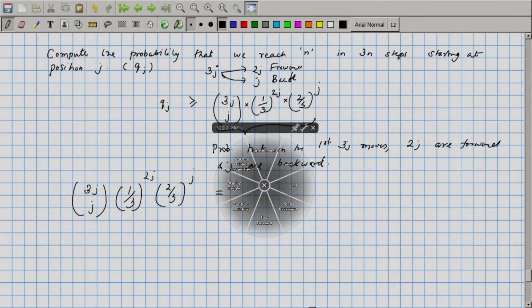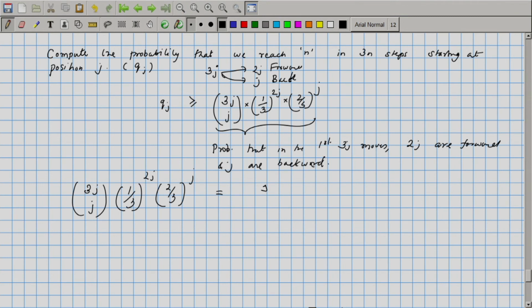This is equal to (3j)! divided by (2j)! times j! times 1 by 3^3j and 2^j, and this quantity we need to estimate. We will use Stirling approximation for that.